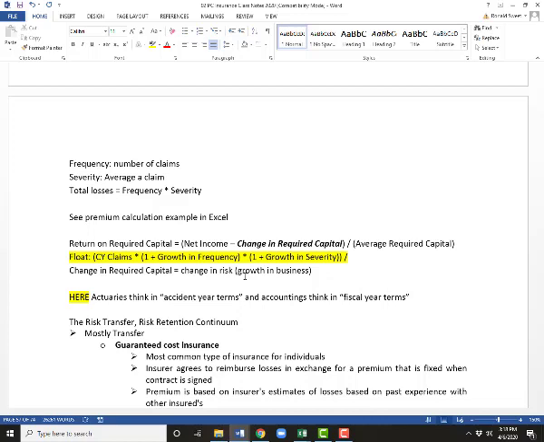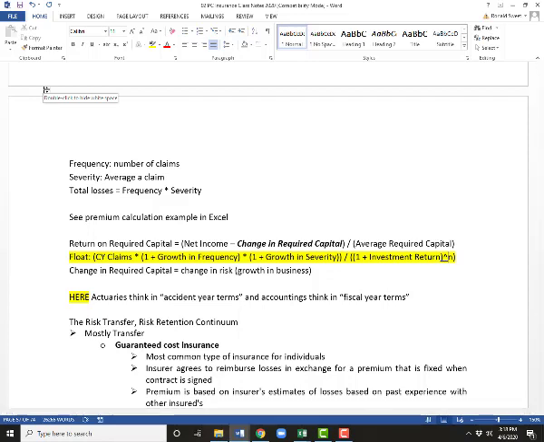We're going to then divide that by 1 plus our investment return raised to the n. And the n is how long it takes us to pay these claims. If it's a short tail line, it could be as low as 0.5. If it's a long tail line, it could be years and years and years.